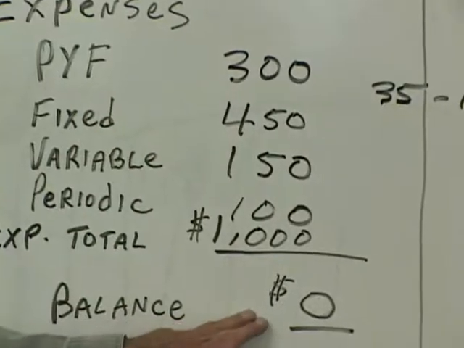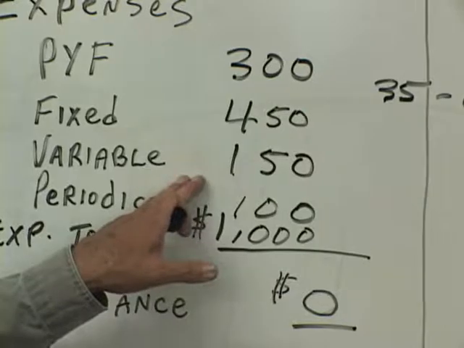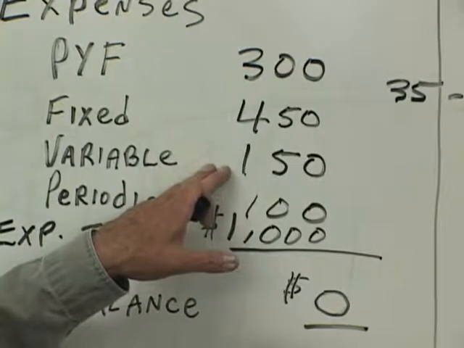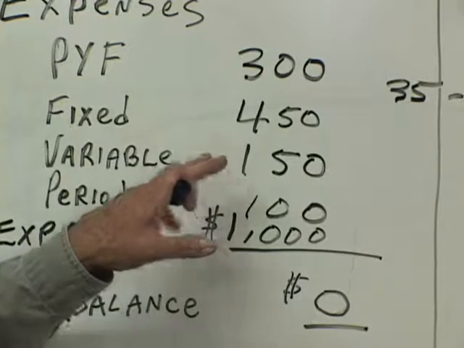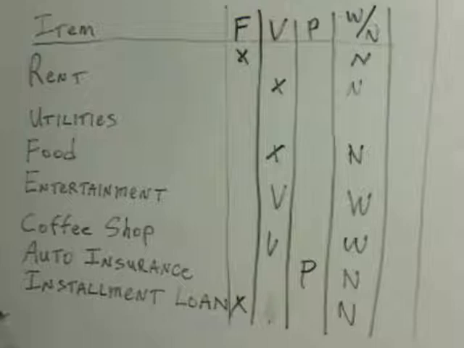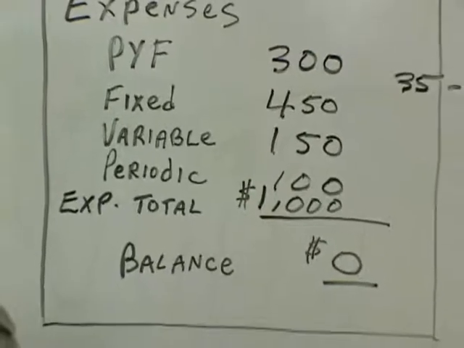Now, one thing you can do when you look at your expenses to determine if you have to cut them is go back and look at which items in your expense categories are needs and which items are wants. If you have things that are wants, those are the first things that you trim out of your budget, so that you can get back into balance.